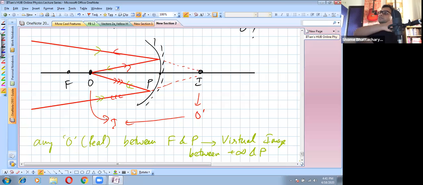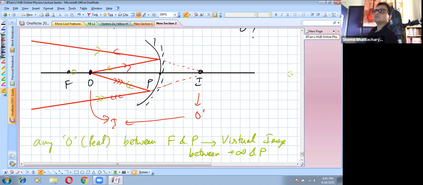Now try to understand why I'm saying this. Because remember, when your object is right at the focal point, where is your image? It's at infinity. The rays have become parallel to the principal axis. So the moment your object comes somewhere over here, just to the right of the focal point, where does your image appear? Very, very far away on the virtual side.